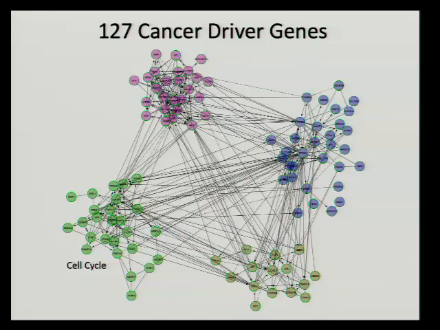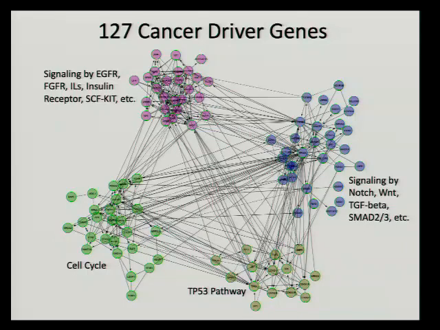We got 4 modules. This module is related to cell cycle, TP53, some signaling pathways, and another set of signaling pathways. So this is the thing we tried to answer, the first question we raised about pathway crosstalk.